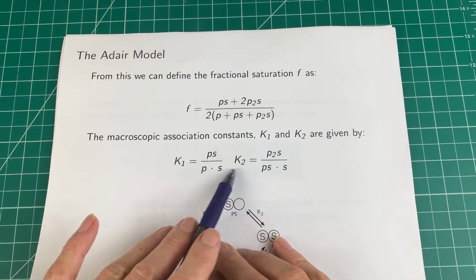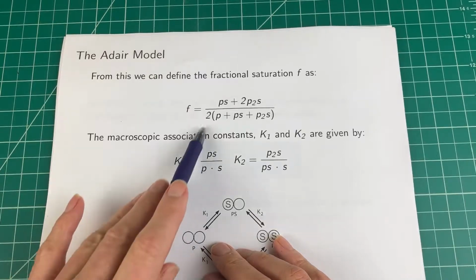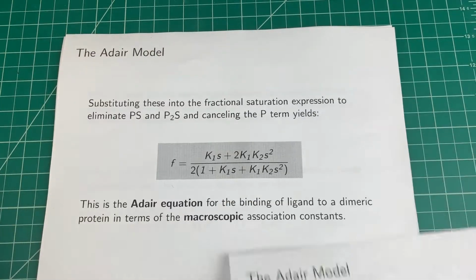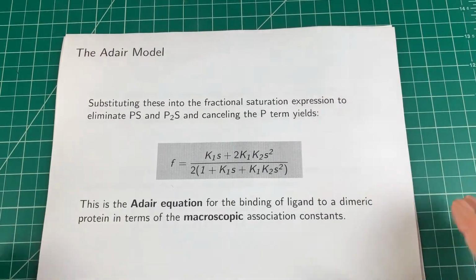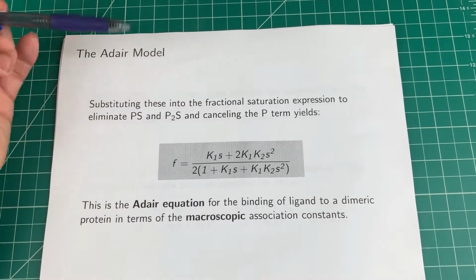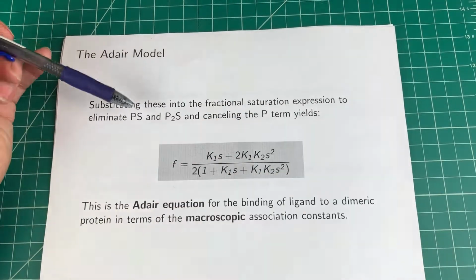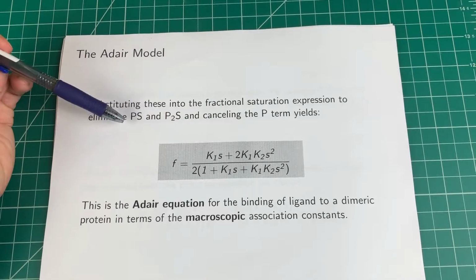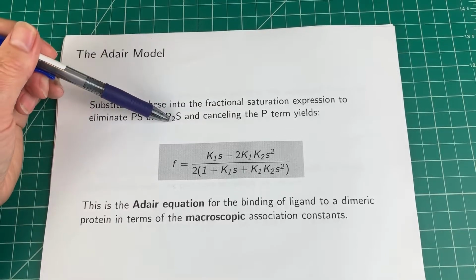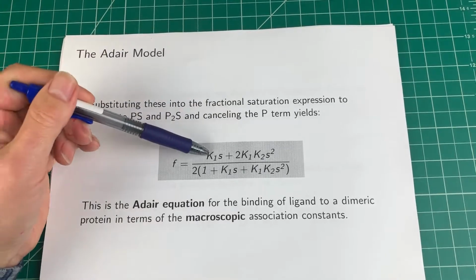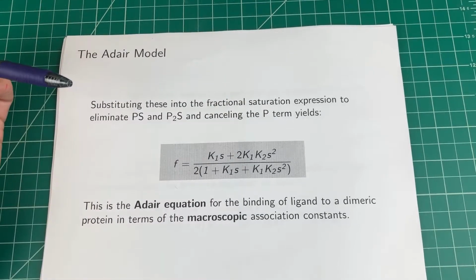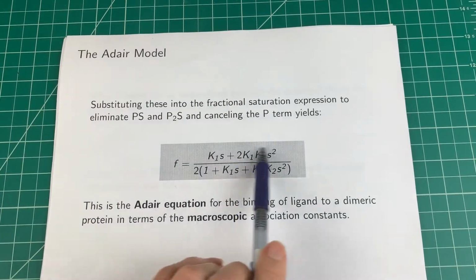So we're going to use these 2 now to start eliminating terms. This is a piece of algebra you can do, but basically we can substitute those expressions into the fractional saturation. We can eliminate PS and P2S, and then you discover that you get P terms in the numerator and the denominator, and these just cancel. And so we end up with this.